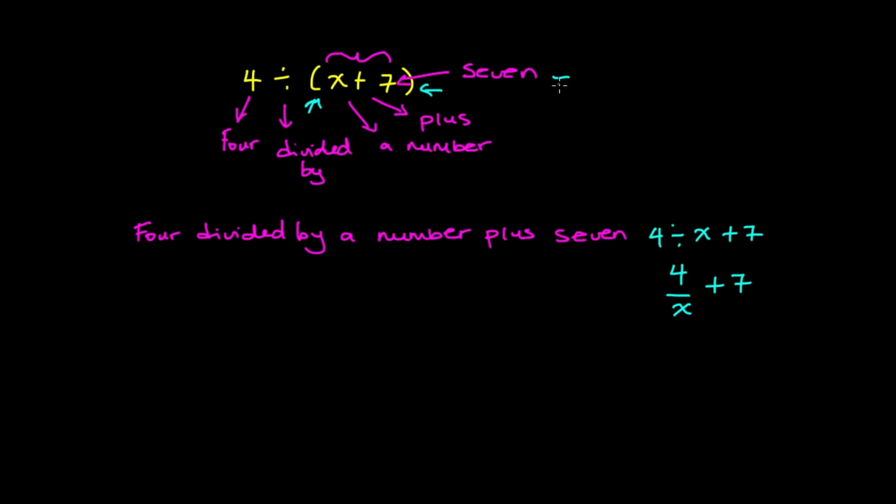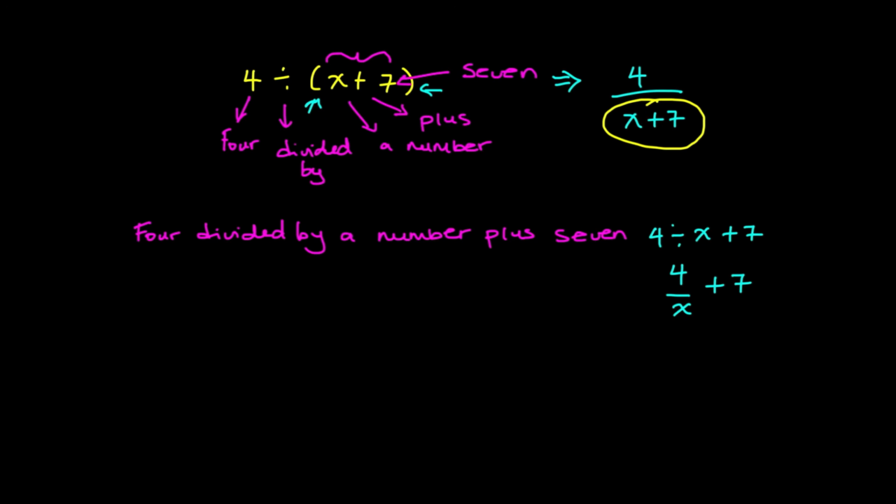This expression could be similarly written as 4 divided by x plus 7. So what you have to realize is that this component right here, this x plus 7, should be written together. And because it should be written together, it should be written together in the sentence as well.